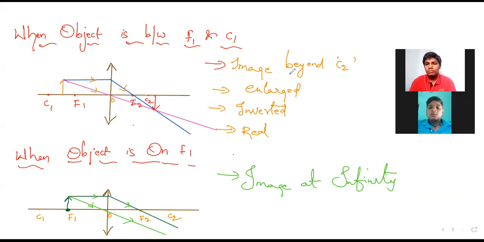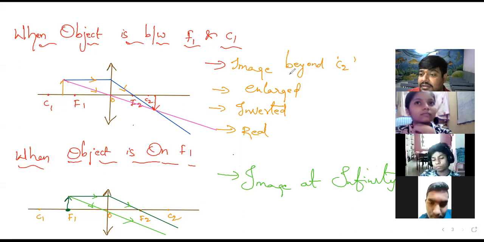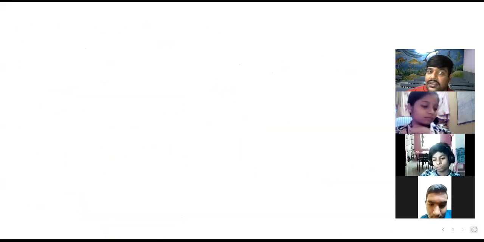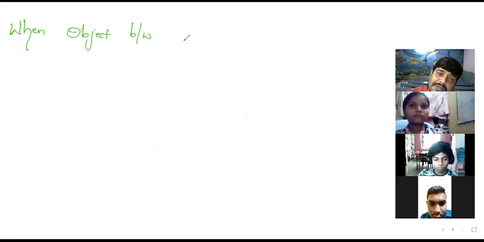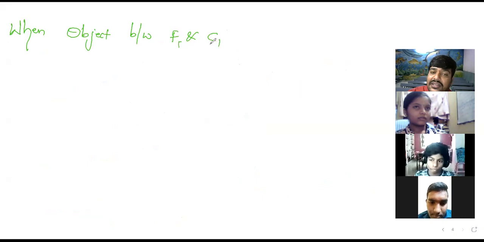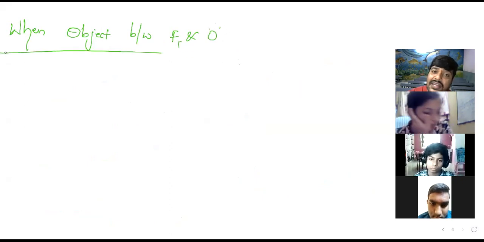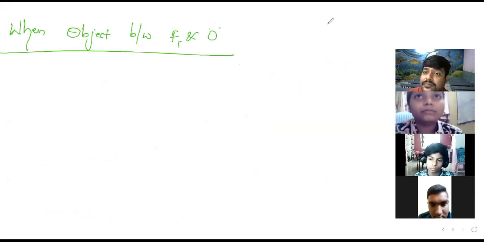What is the next concept? When the object is between F and C, or F1 and C1. Not that, the optic center: between F and optic center. Then where is the image we have to draw?